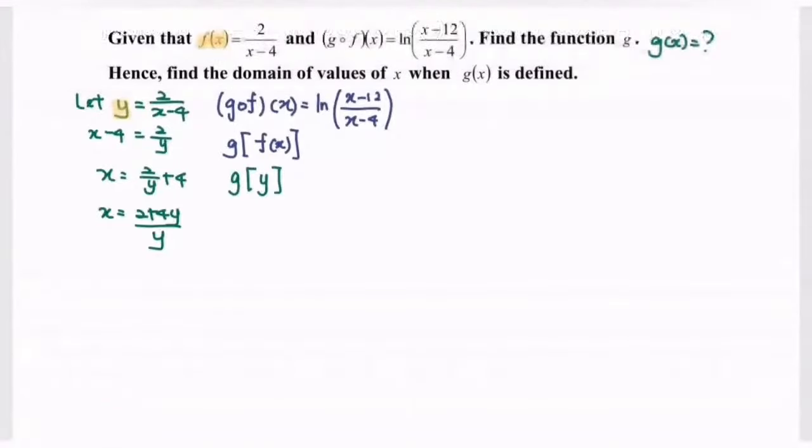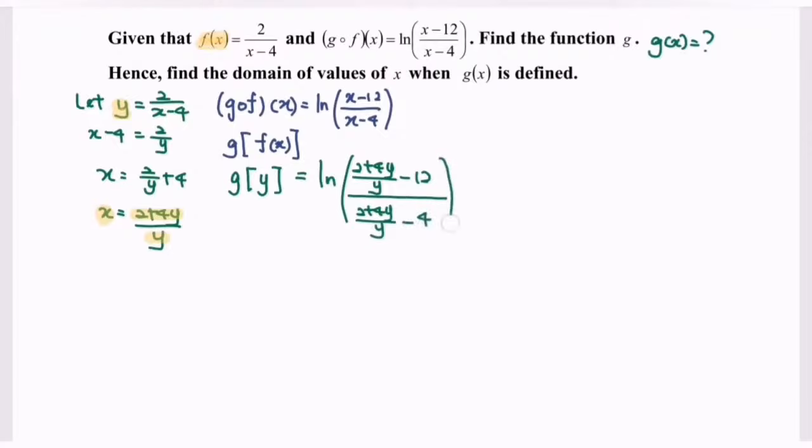The only thing is to substitute the x equals to 2 plus 4y over y into ln bracket, substitute the x. So 2 plus 4y over y minus 12 over 2 plus 4y over y minus 4.